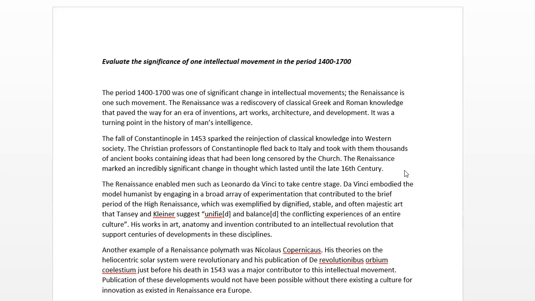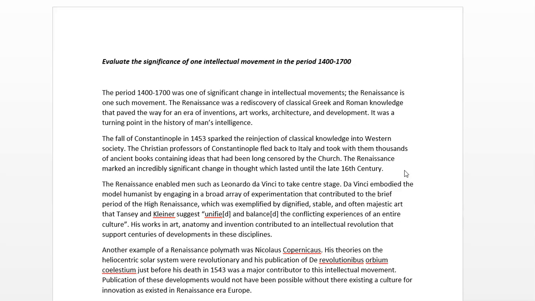Da Vinci embodied the model humanist by engaging in a broad array of experimentation that contributed to the brief period of the High Renaissance, which was exemplified by dignified, stable, and often majestic art that Tansey and Kleiner suggested unified and balanced the conflicting experiences of an entire culture. His works in art, anatomy, and invention contributed to an intellectual revolution that supports centuries of developments in these disciplines.